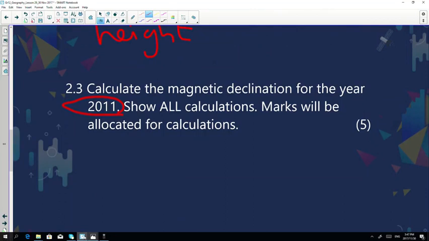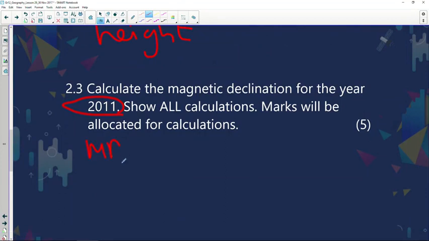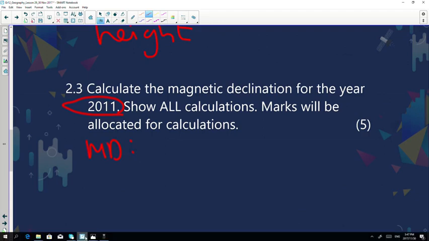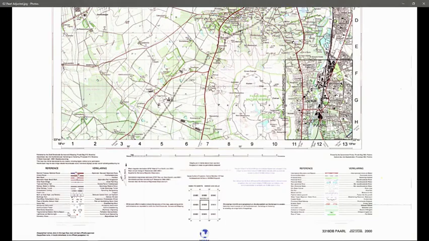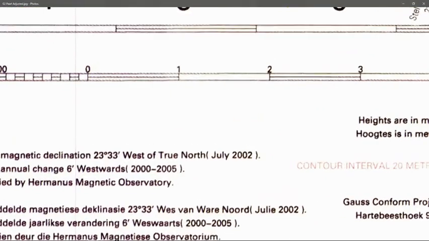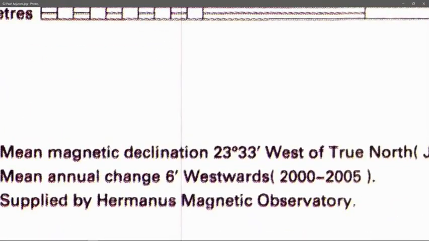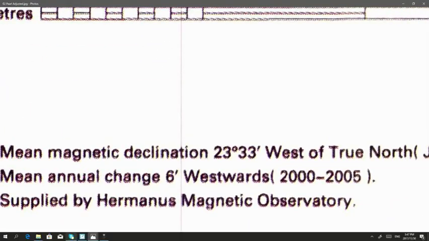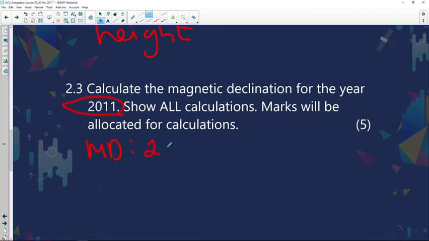Now first of all, they ask us to calculate the magnetic declination. The magnetic declination for the map is 23 degrees 33 minutes.